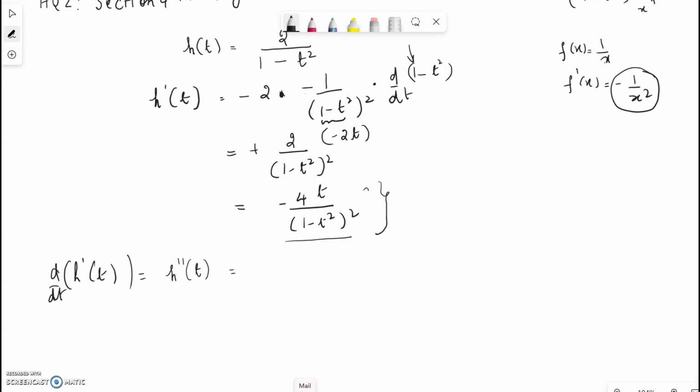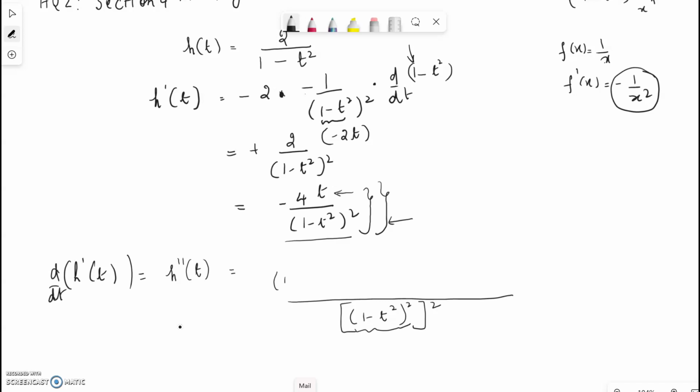Now what we have here, notice that the numerator is a function of t and the denominator is a function of t. So we have to use the quotient rule, and that is 1 minus t squared whole squared and then a whole squared. We square the denominator, and the denominator is what's in here.